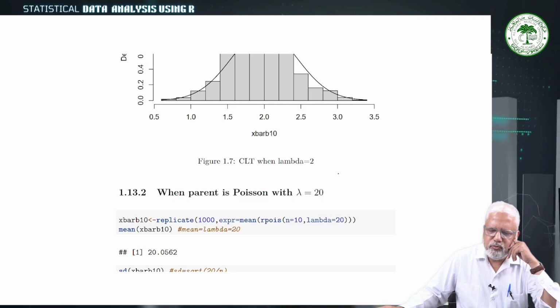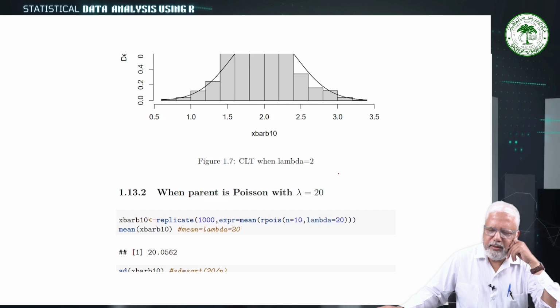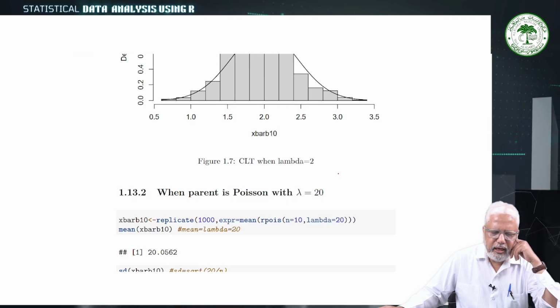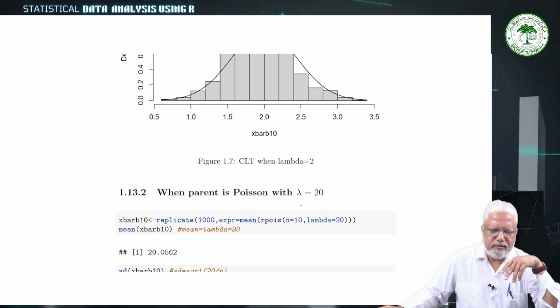So here we are taking Poisson with lambda equal to 20 and see what happens.